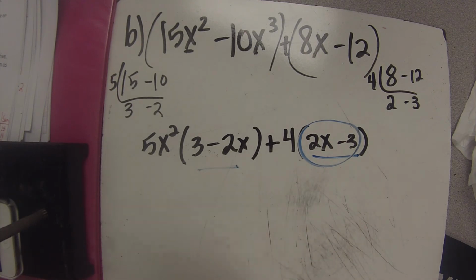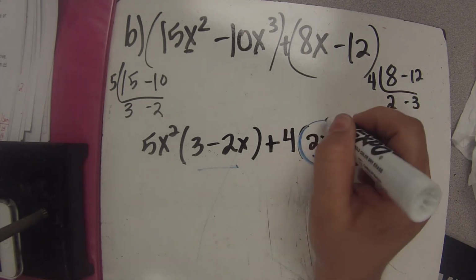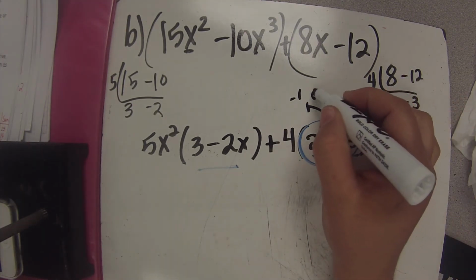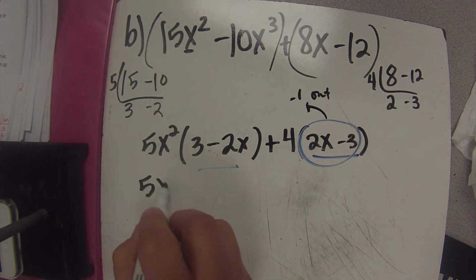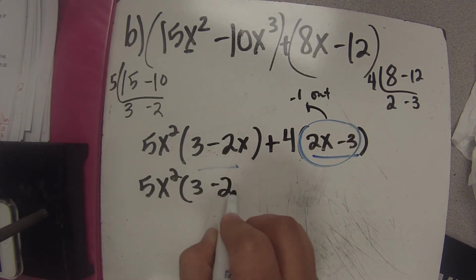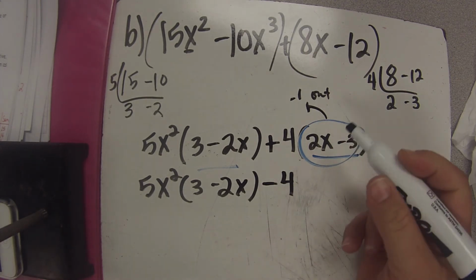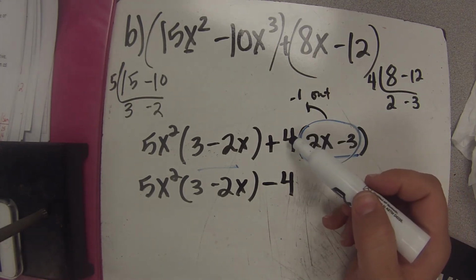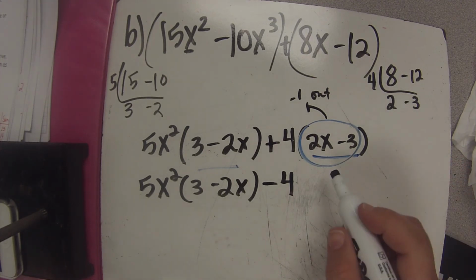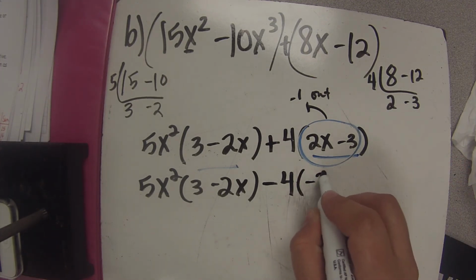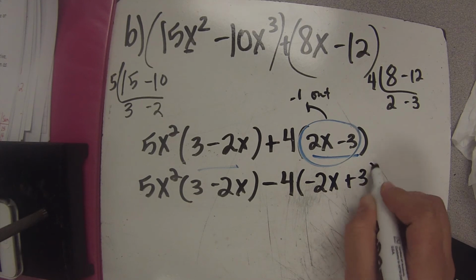If I pull the negative term out of this, I'm going to pull a -1 out. This makes this 5x squared. This one stays the same. It changes this to a -4, because when I pull that -1 term out, I'm really multiplying it by negative 1. This is negative 2x plus 3.